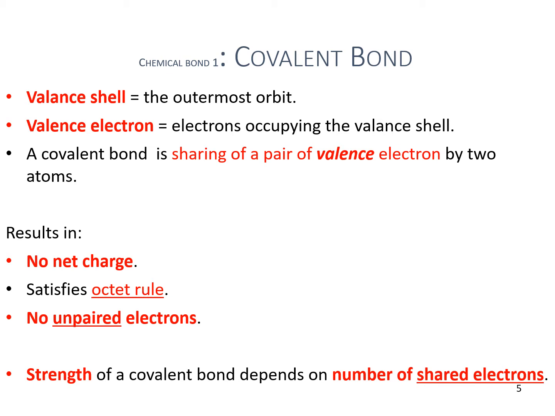The result of a covalent bond is that it causes no net charge, meaning the molecule will have no charge. It will satisfy the octet rule, and there will be no unpaired electrons. The strength of a covalent bond depends on the number of shared electrons. The more electrons are shared, the stronger the covalent bond.